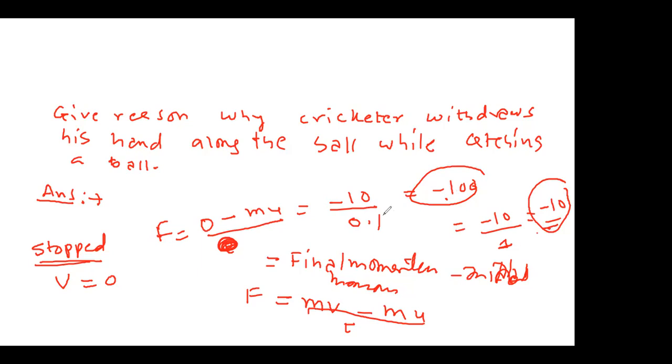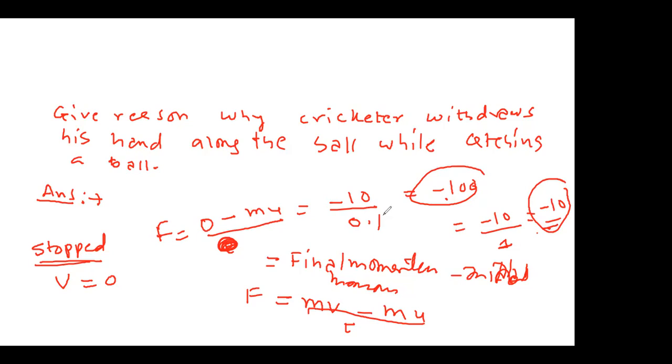Hence the impact of force is very small. So to prevent his hand from injury, he withdraws the hand so that it takes longer time for change in momentum. The negative sign indicates that the action is on the second body, that is, in the direction opposite to the initial direction of motion. Negative sign means the change in momentum is in the direction opposite to the initial direction.